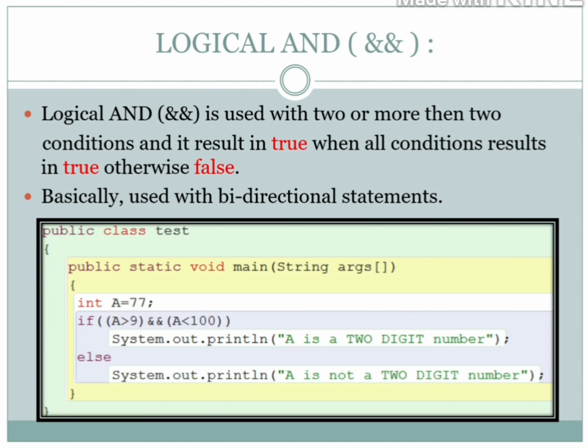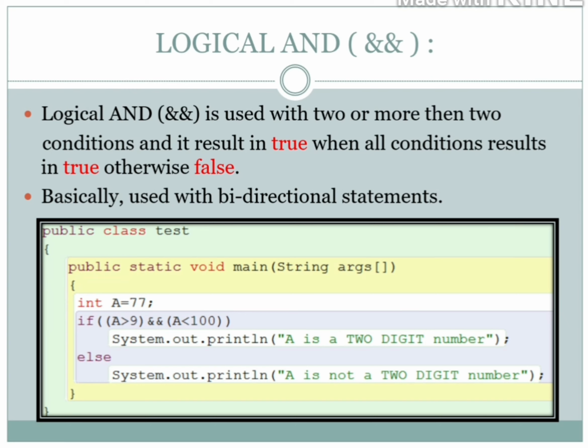Till 99 we have 2 digits. If we want to check whether a given number is 2-digit or not, what we have to write as a condition is that the number should be greater than 9 because 10 contains 2 digits, and the number should be less than 100.